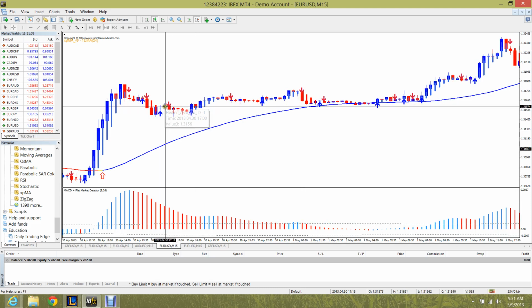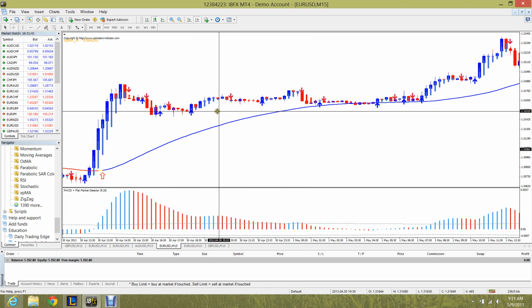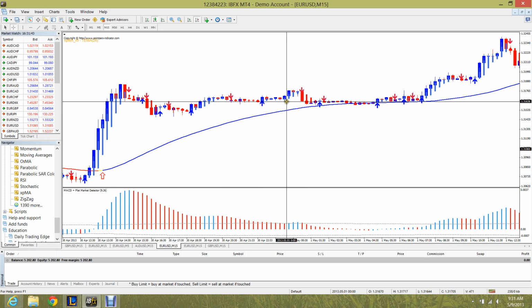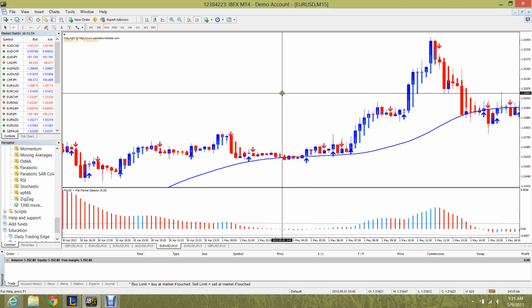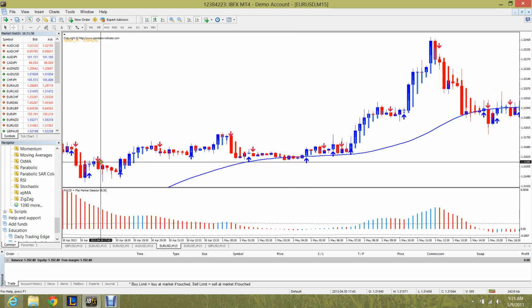Here is a Euro US dollar trade where the swing levels were almost always being held. And this one was sketchy, but right here there's this small swing level in this area, but it did hold, and the trend did continue for many pips.